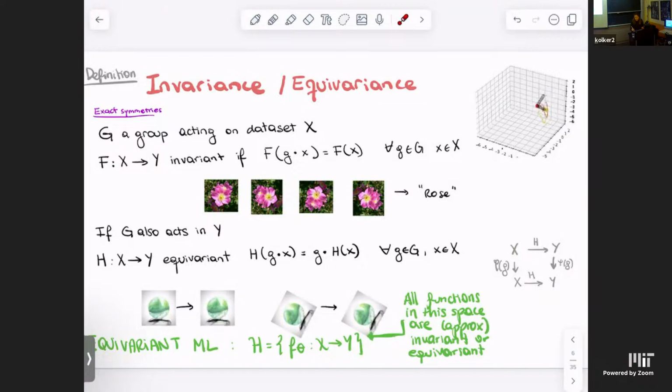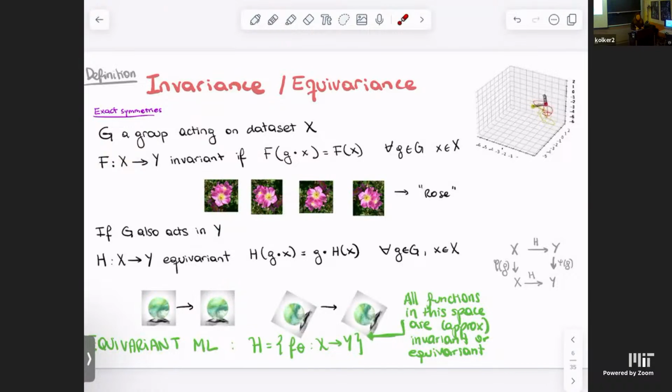In this commutative diagram, the action that I use in the input space may not necessarily be the same as the action that I use in the output space, but it's by the same group element. So maybe in this case, there are different representations of the same group. I'm going to have an example of some cases where you want different representations of the same group.